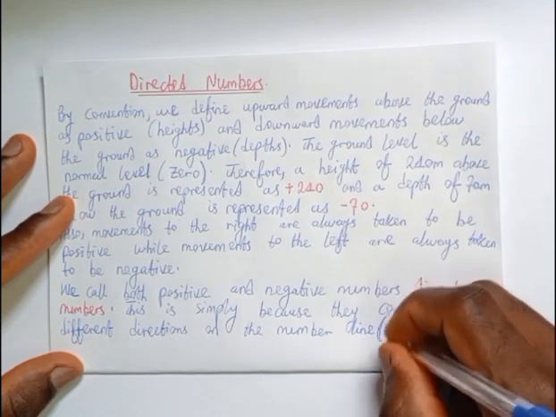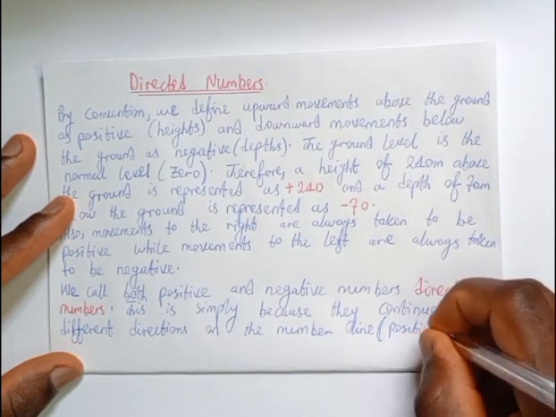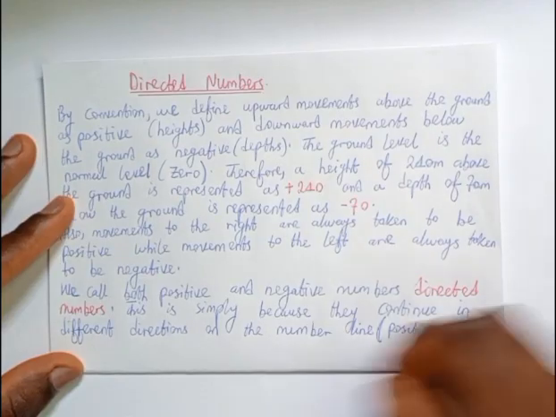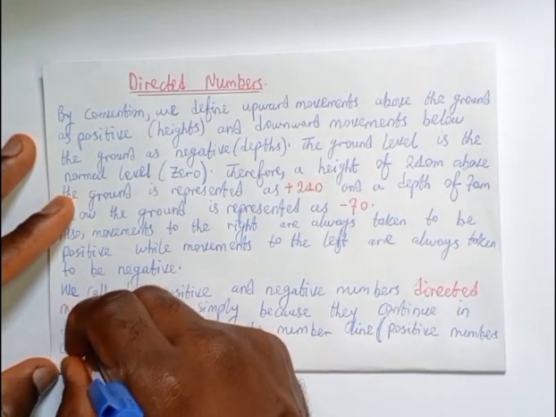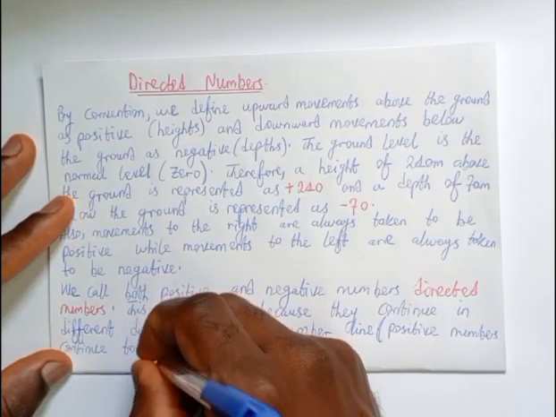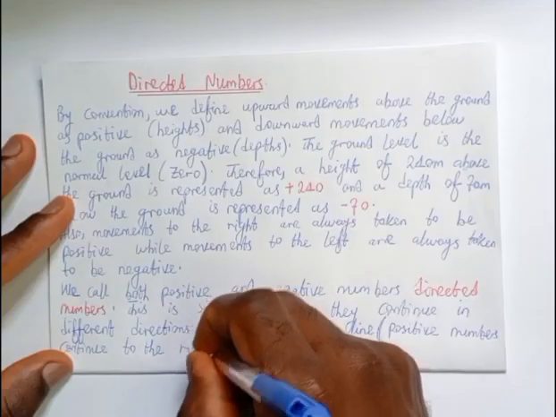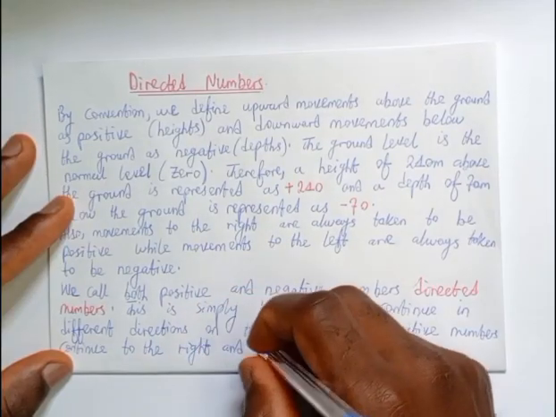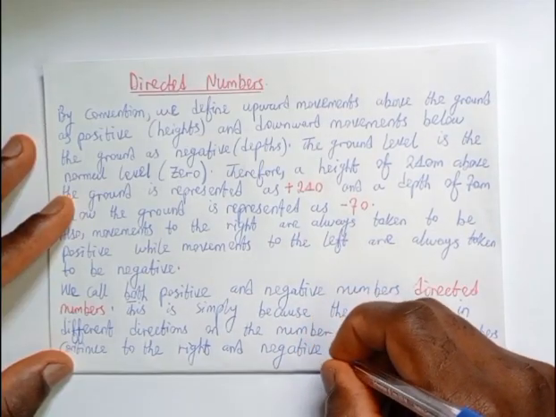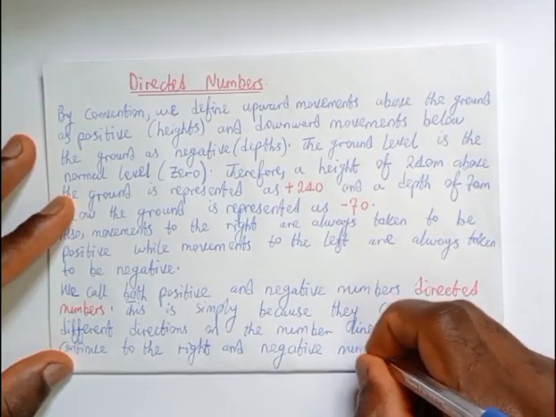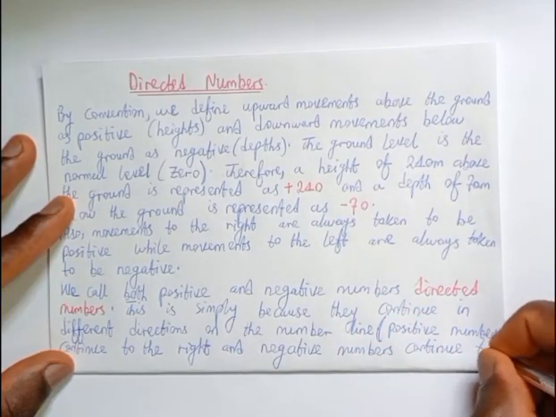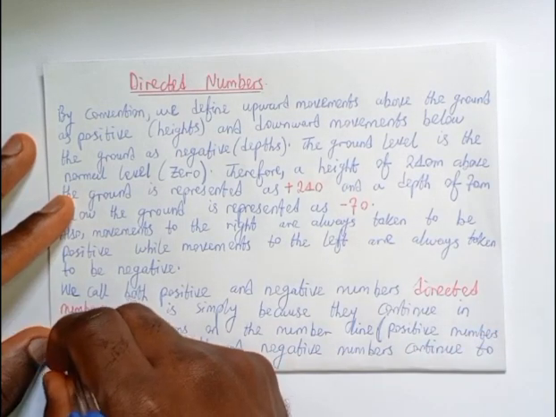Let's write it down. Positive numbers continue to the right, and negative numbers continue to the left.